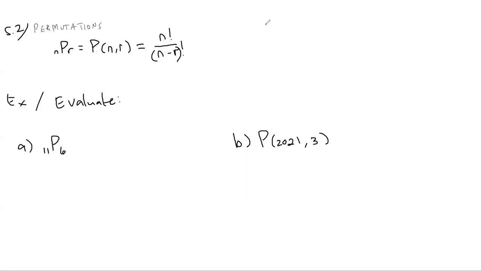So just with the factorial, there's a couple of rules that we do need for this formula to actually make sense. So n greater than or equal to 0 is an integer, and r is going to be between 0 and n.